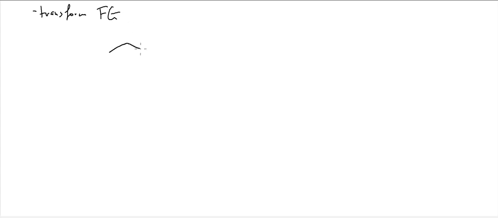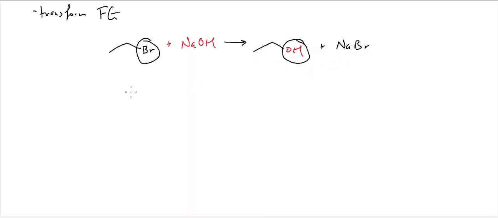So for instance, if I have Br and I add NaOH, in this case we're adding a hydroxide, what we would end up with is a new functionality where we've created an alcohol and our counterion, or our resulting NaBr, off to the side. So we've transformed an alkyl halide into an alcohol. And this is true for any type of substitution mechanisms. We're always going to transfer functionality from one thing to another.